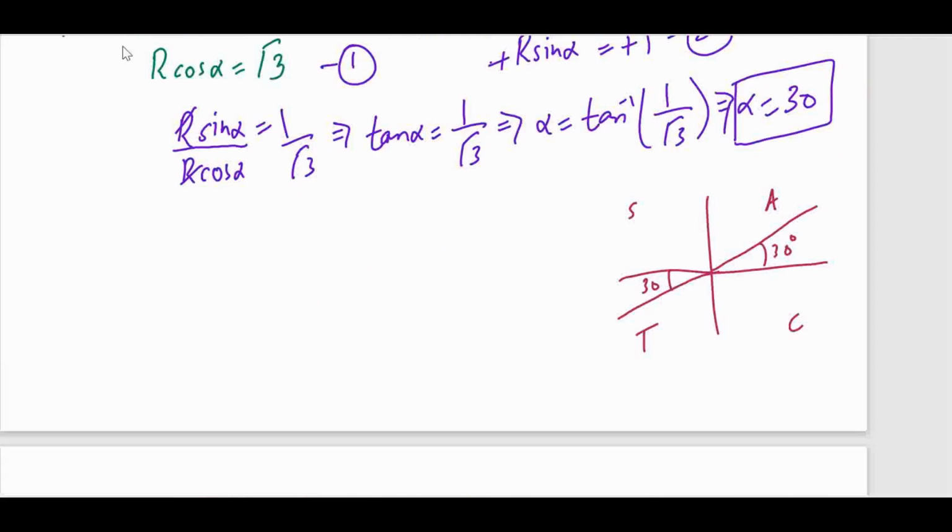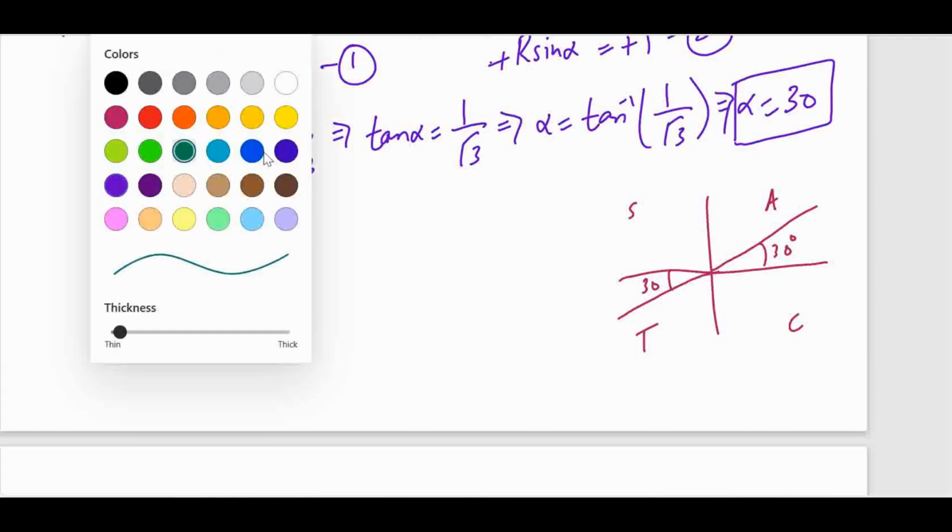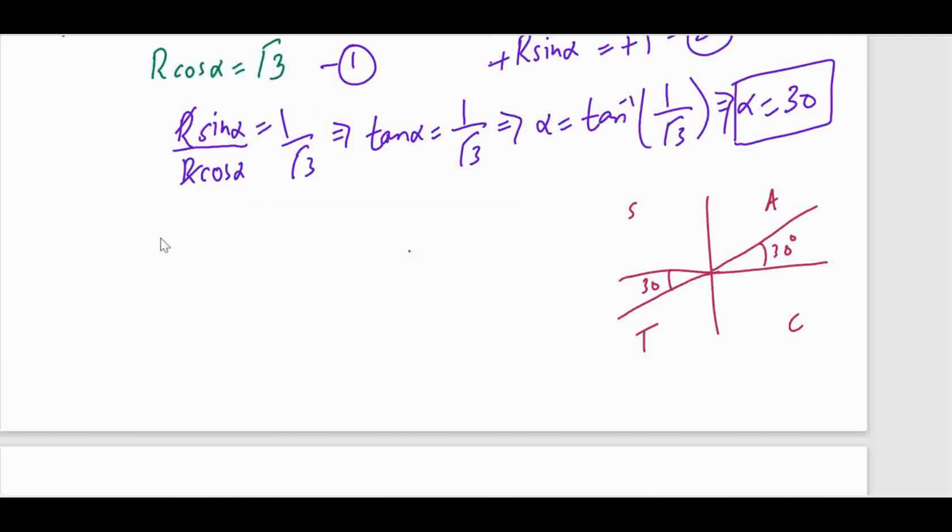So we will have two values. The first one will be 30 degrees, x will be equals to 30 degrees, and the second one will be 210. So we will consider this one only. In fact, this is the value of alpha.